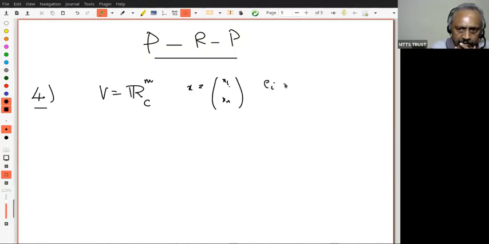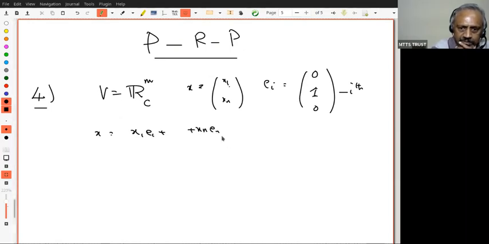Therefore, my ei will be 0, 0, ..., 1 at the ith place, 0 elsewhere. The ith coordinate is 1, all other coordinates are 0. Therefore, my x will be again the same thing, x1 e1 plus ... plus xm em. Instead of writing row, I am writing column. You will understand why I am doing that.